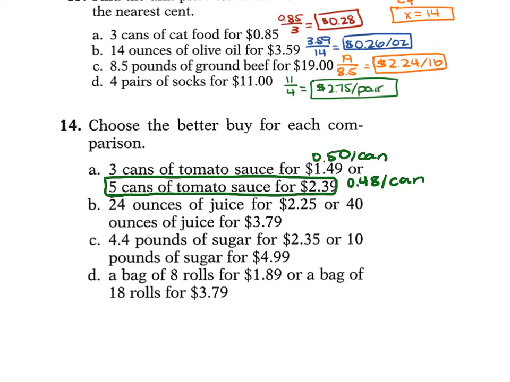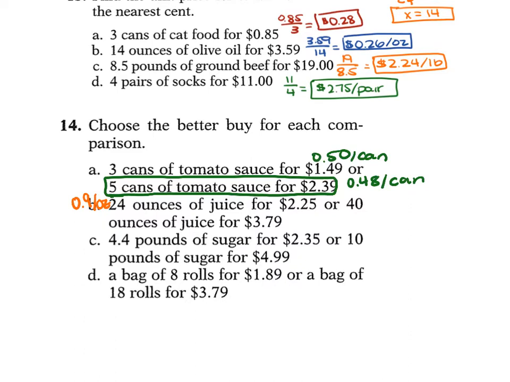For B, we have 24 ounces of juice for $2.25 or 40 ounces for $3.79. So 2.25 divided by 24 is 9 cents. Or the 40 ounces for $3.79.